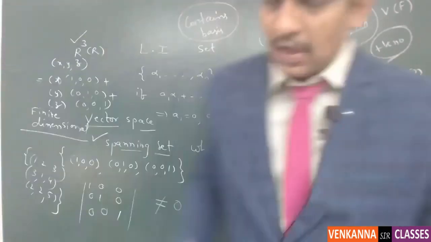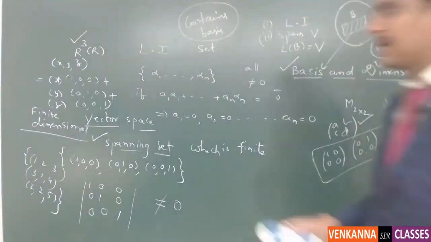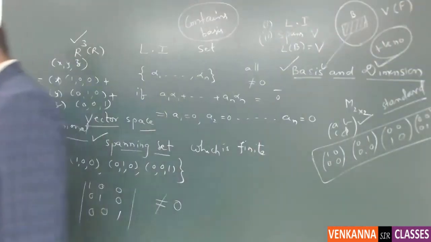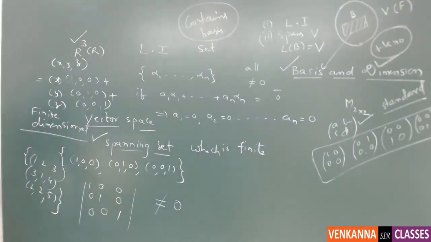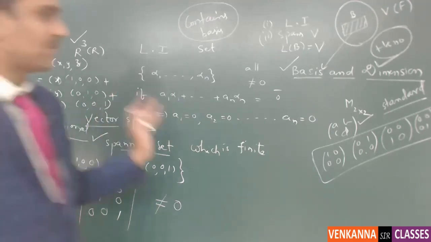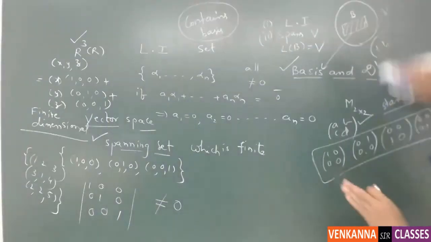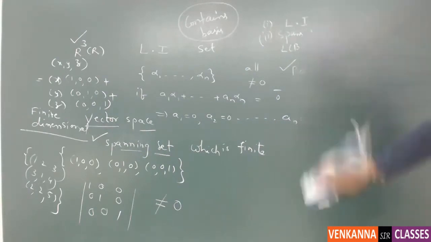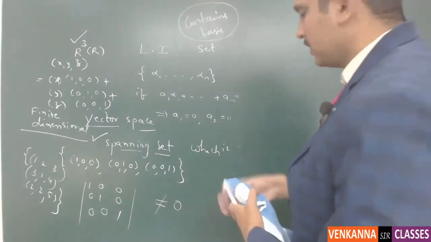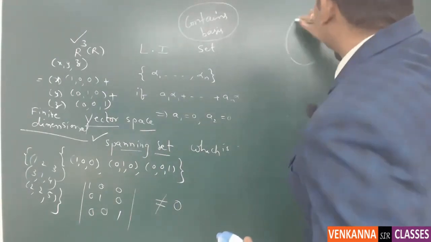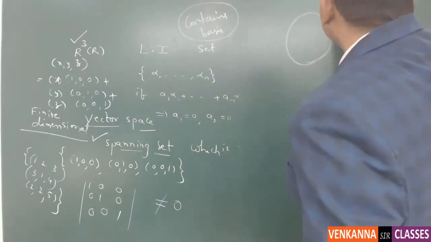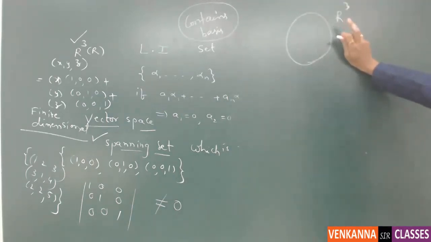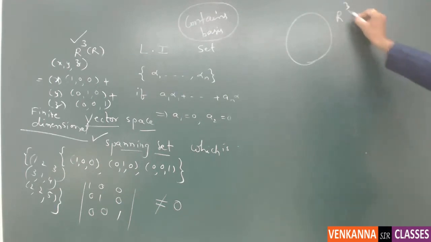Now, what is the geometrical significance of this basis? Can a vector space in R cubed have dimension 2? Please understand that there is a difference between R cubed and a vector space in R cubed. If this is R cubed, the very power indicates its dimension.